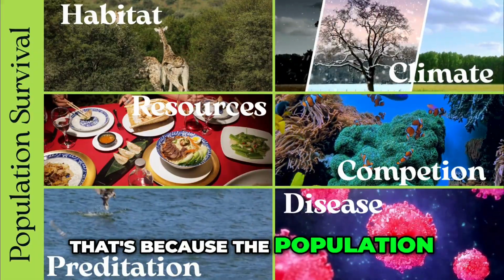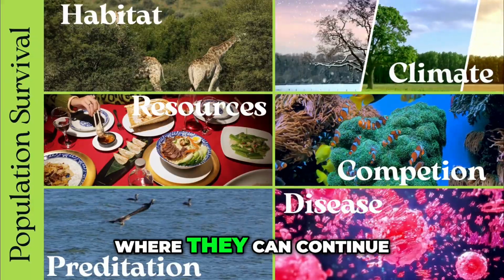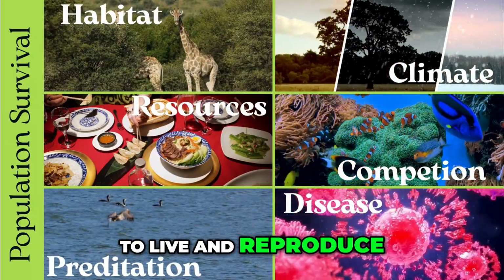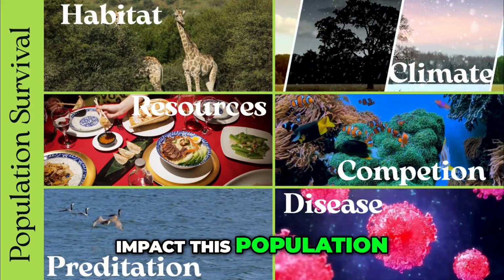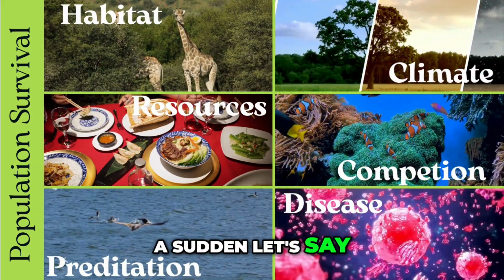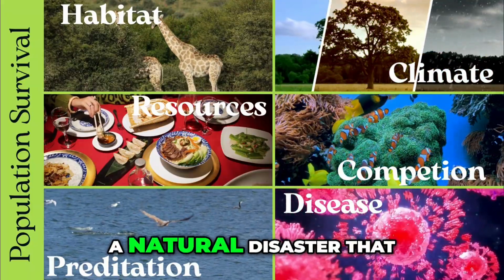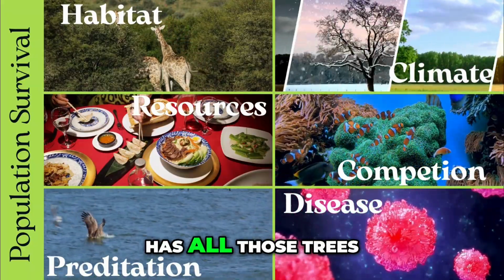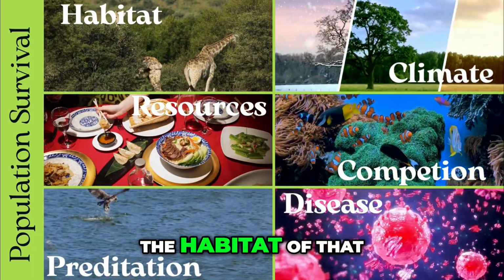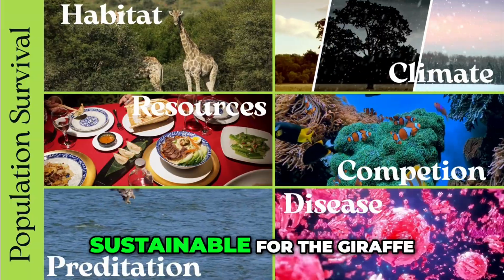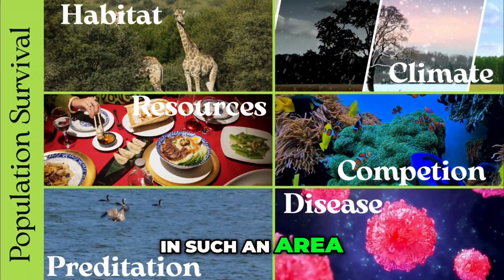That's because the population of giraffes is only sustainable in certain areas where they can continue to live and reproduce. Habitat loss is a key factor that can impact this population. So let's say this giraffe goes through a natural disaster that has all those trees that it depends on die. Then more than likely the habitat of that giraffe is not sustainable, and therefore it would be less likely to survive in such an area.